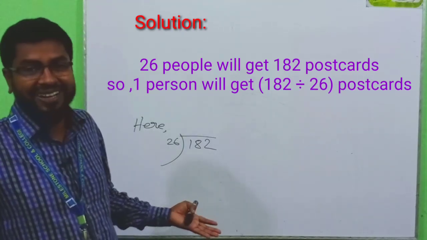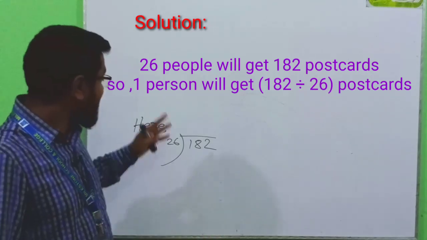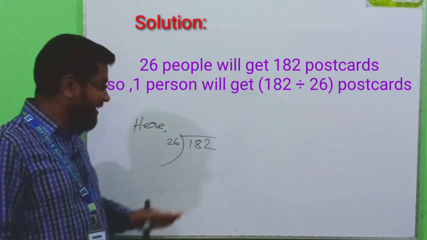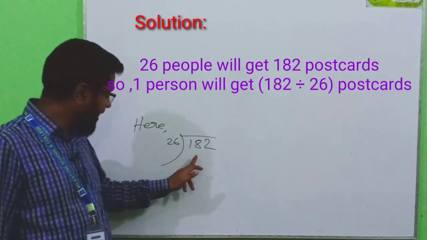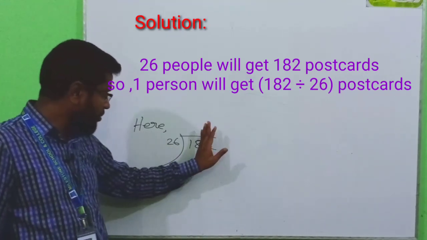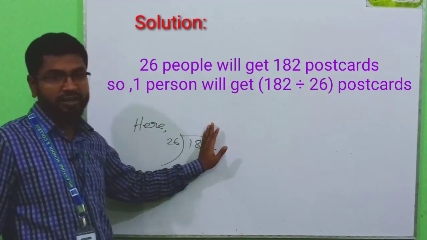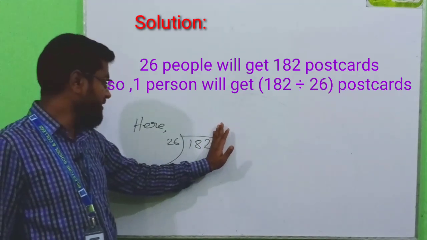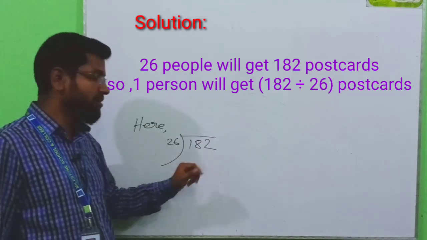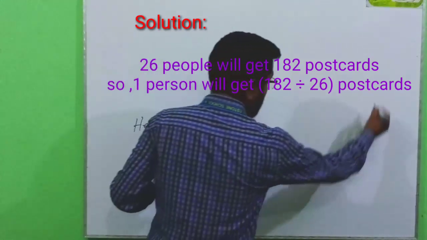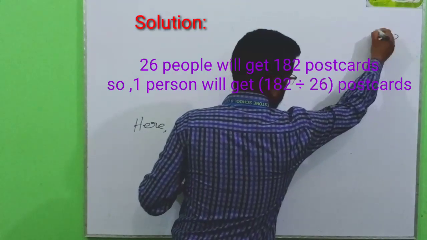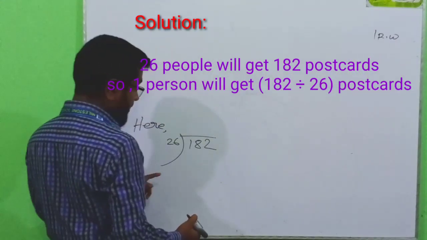I also don't know. Interesting. So what should we do? We should make the times table. Look, there is 26. I need to make it 182. If I take 2 digits, it is not possible to divide. Take 3 digits. Oh, 182. How many times? Yes, we need to do the rough work. In the rough work part, what will I write?